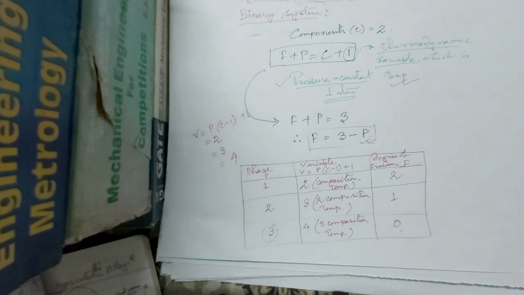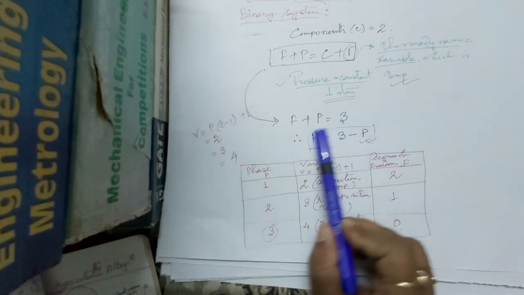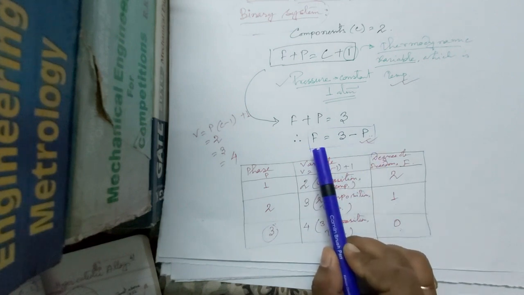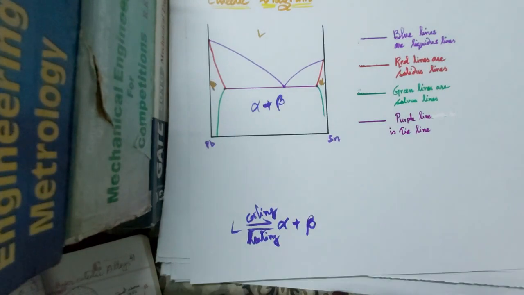So what are these 4 different variables? 3 composition variables, and 1 temperature variable. Thus, by putting this value in this formula, we get the degree of freedom equal to 0. So how do we have 3 compositions?